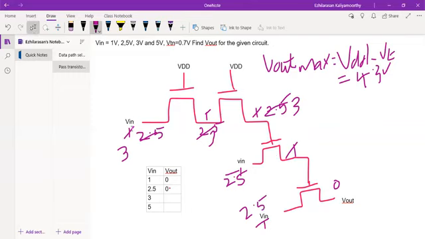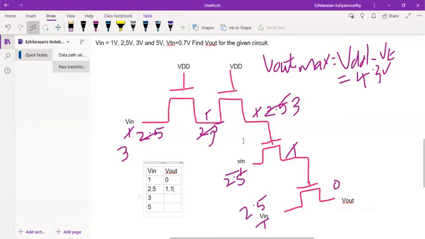So this is wrong here. It is supposed to be 1.8 here, because 2.5 minus 0.7 is 1.8. Then 1.8 minus again 0.7 will give us 1.1. I'll get 1.1 here as V out.